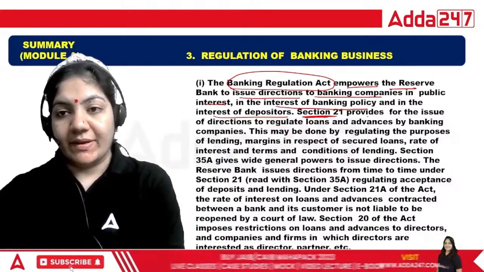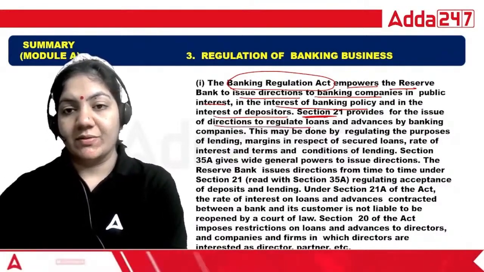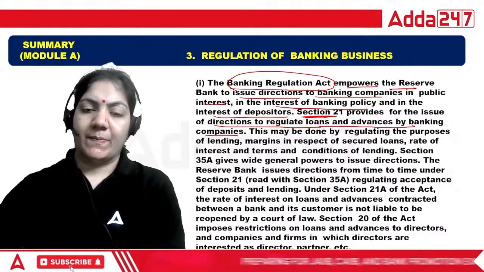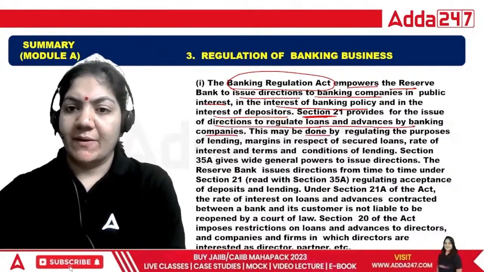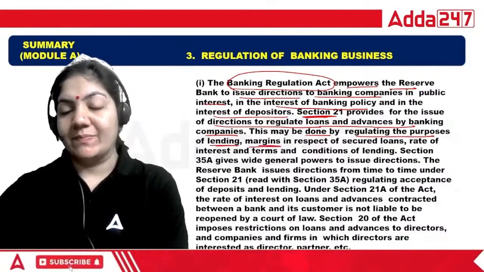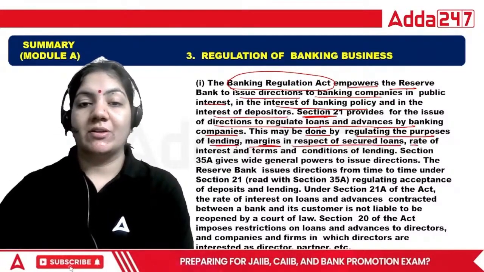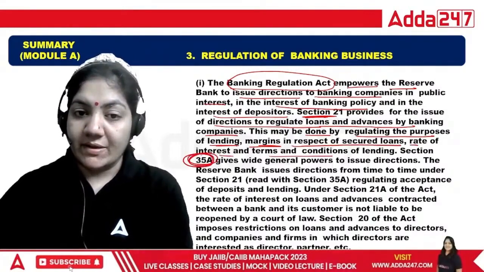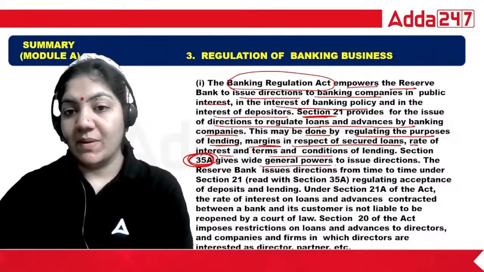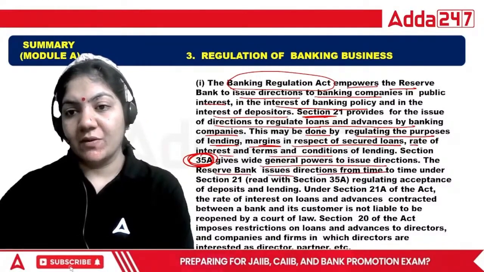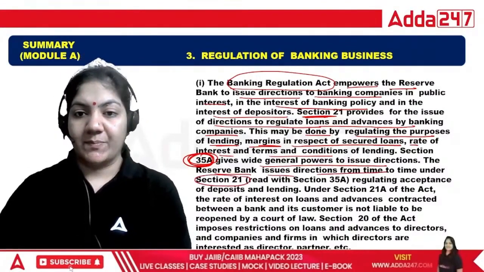Section 21 provides for the issue of directions to regulate loans and advances by the banking company. This may be done by regulating the purpose of lending, margin in respect of secured loans, rate of interest, terms and conditions. Section 35A, that is important, gives wide general power to issue directions. The Reserve Bank issues directions from time to time under Section 21.